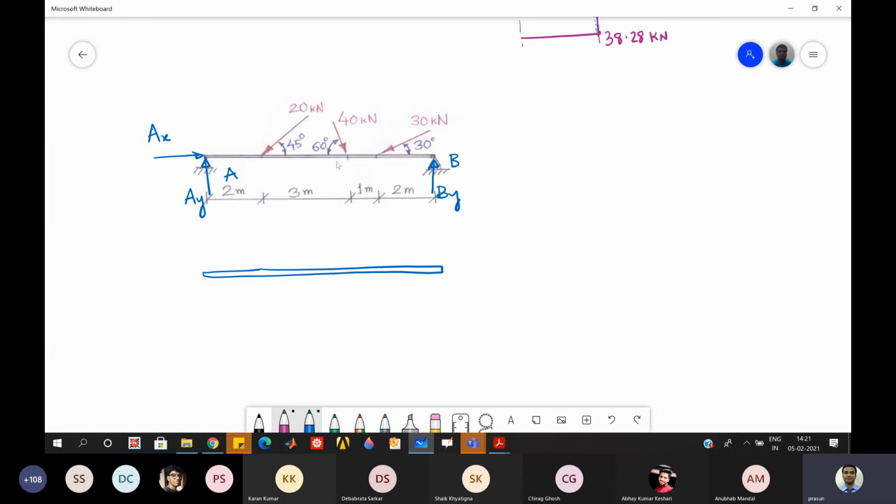But finding AY and BY will not give any information for drawing the axial force diagram, so we'll not try to do that. So what we'll do, we'll take the horizontal component of this force, and this one we don't need, so we'll find this one, and then you can see there is a horizontal component of this for this direction and this one. All forces will have some vertical component.